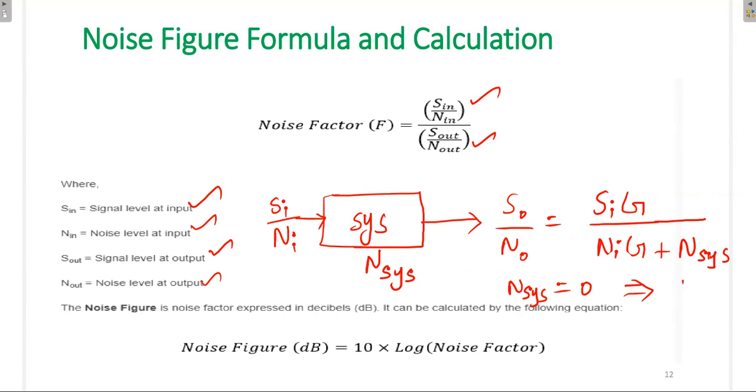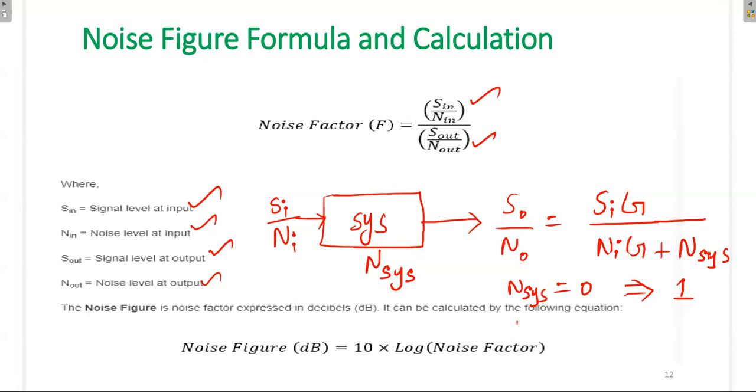Our noise figure or noise factor, they will be used interchangeably, when you take log base 10 and multiply with 10, then we represent it in terms of decibel. So in terms of number, it is 1. So noise figure or noise factor is 1.